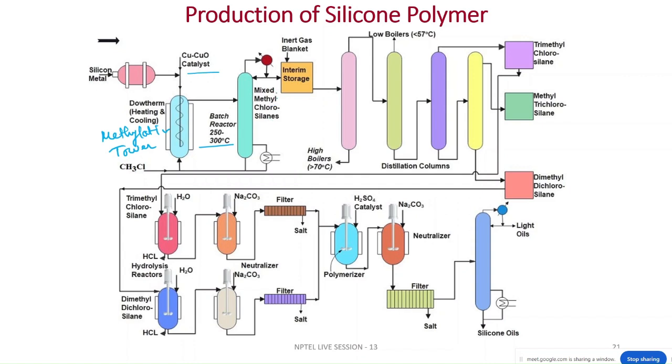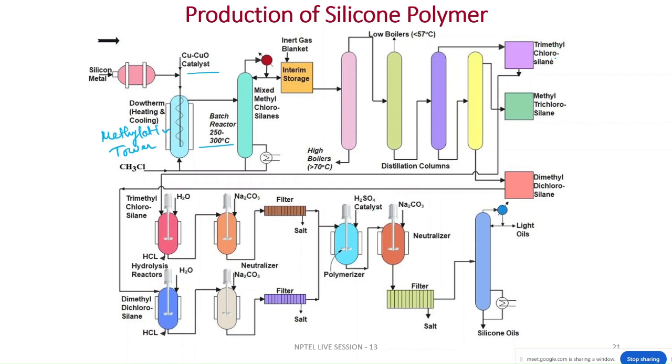The mixed methyl chlorosilanes are then passed through a series of reactors or the fractionator, where the high boilers are collected from the bottom and the low boilers are sent to further distillation columns, where some monomers are separated by these three distillation columns: trimethyl chlorosilane, methyl trichlorosilane, and dimethyl dichlorosilane. From there, trimethyl chlorosilane and dimethyl dichlorosilane are used.